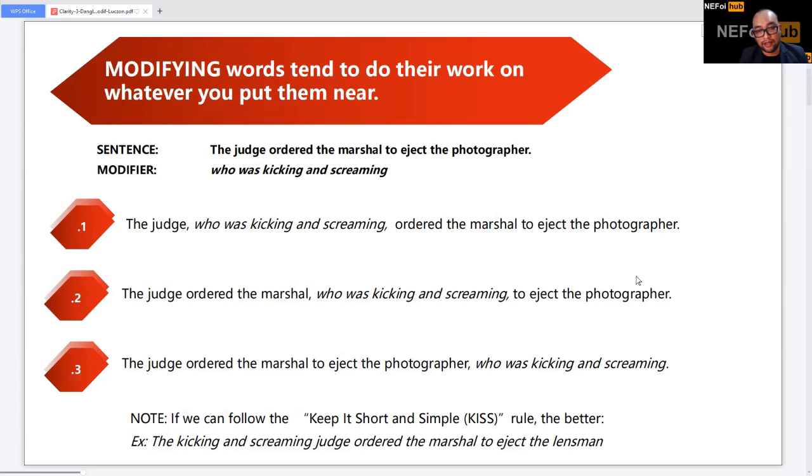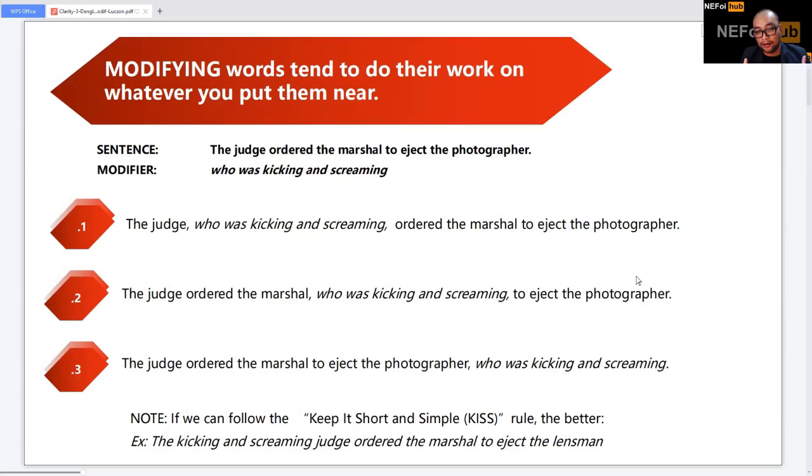If we include them in a sentence, there can be at least three meanings or messages in the sentences. For the first one: the judge, who was kicking and screaming, ordered the marshal to eject the photographer.